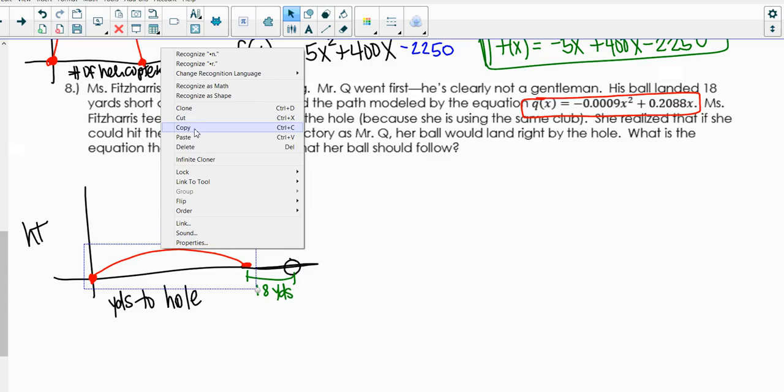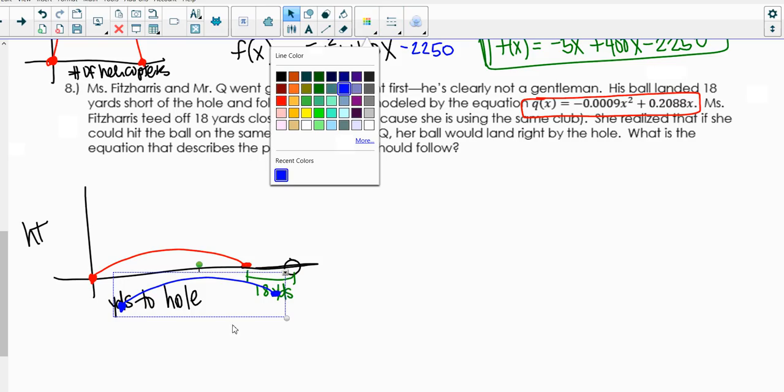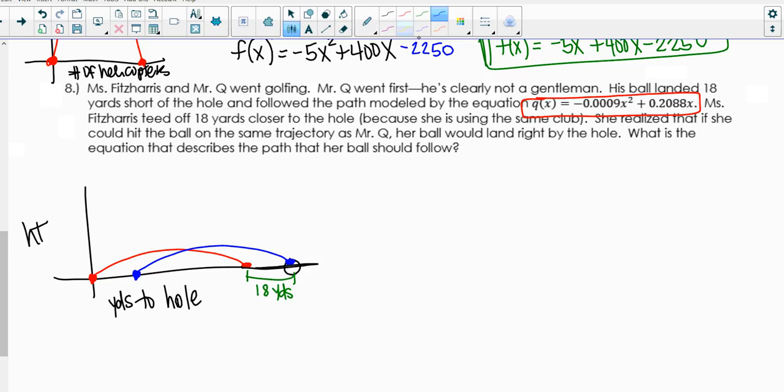I'm just going to clone it. I'm going to make it a different color so we can see the difference here. I can do this exact same thing. However, I want a hole in one, so I need to move 18 yards closer to the hole. So think about the movement that just happened there. That is a horizontal movement of 18 yards.